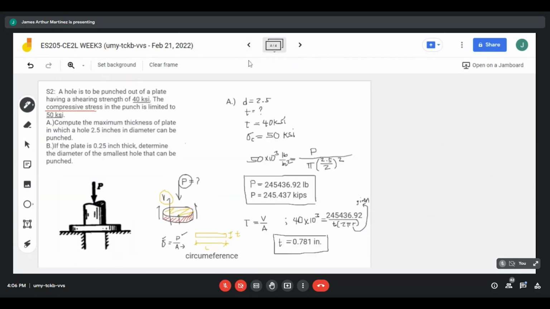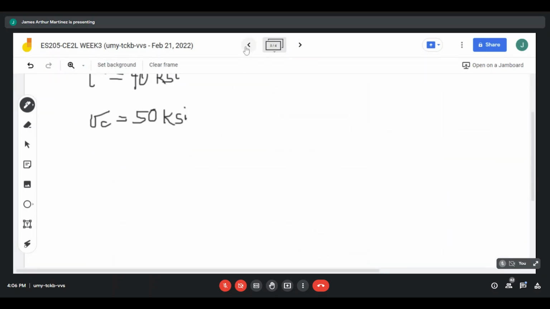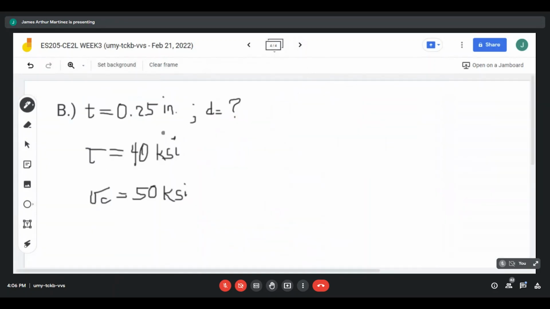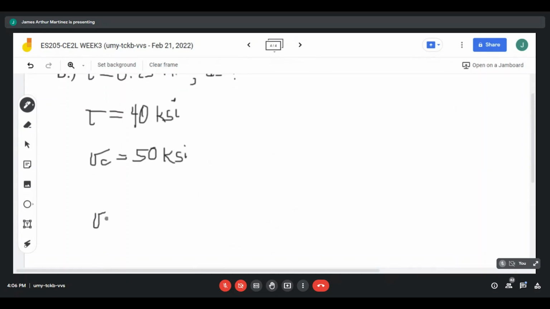So again, we need to determine first the force, the punching force exerted on the circular slug. We will use the relationship with the normal stress, or compressive stress.